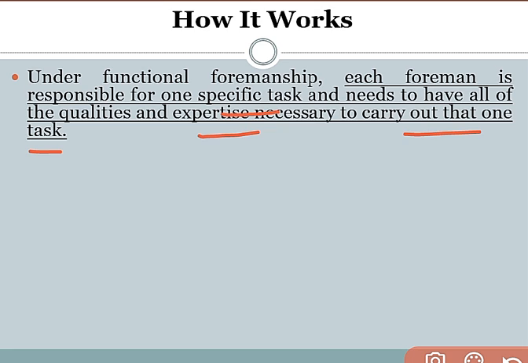According to their specialization and expertise, they have to work for the organization for more and more productivity, and they have to get the work done with the workers in an effective manner, so that the organization can get right and accurate production for sale and for getting profit as well.